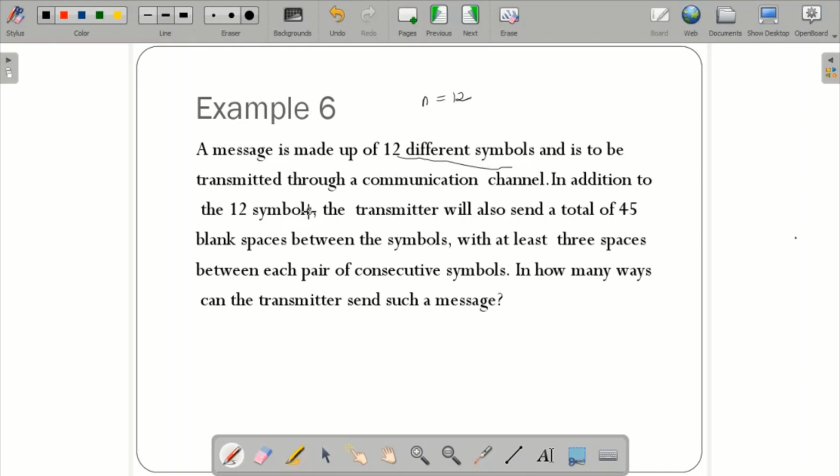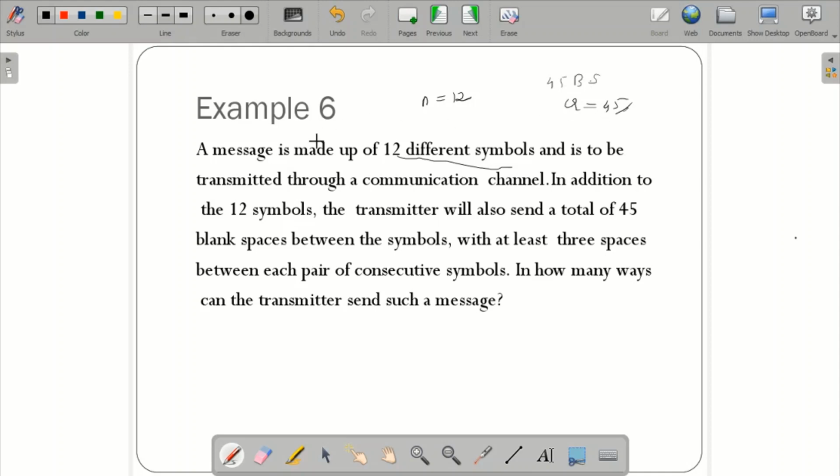In addition to these 12 symbols, the transmitter will also send 45 blank spaces between the symbols. Are these 45 blank spaces identical? Yes, so obviously r is equal to 45.